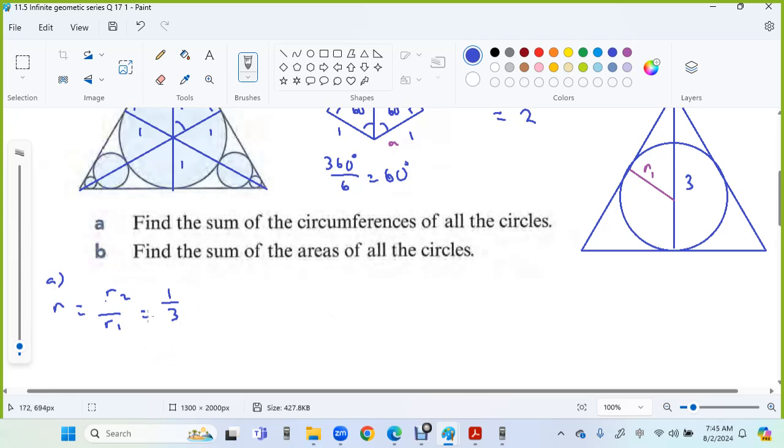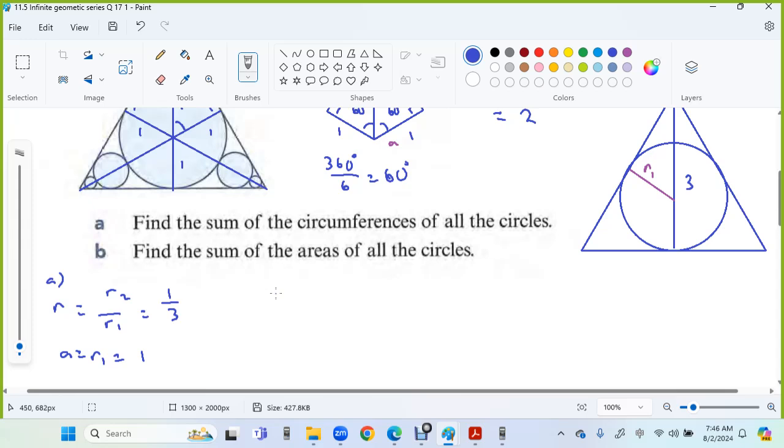So the A here, A is equal to R1, which is 1. We could use diameter also, but never mind, I use radius.